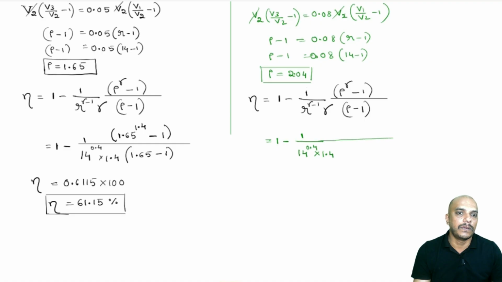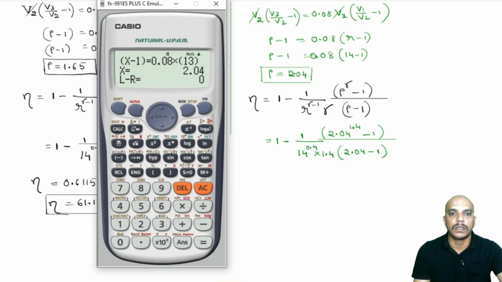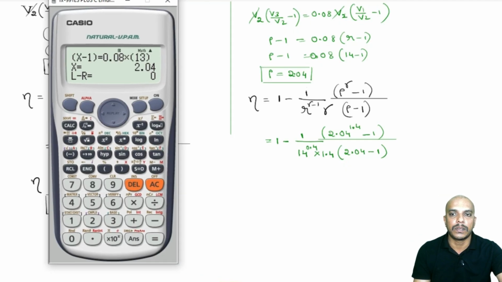Rho is the one value which is changing from the first problem and the second sub question. So, rho is 2.04 here, power 1.4 minus 1 into 2.04 minus 1. So, therefore, we can calculate the efficiency for 8% of the stroke.